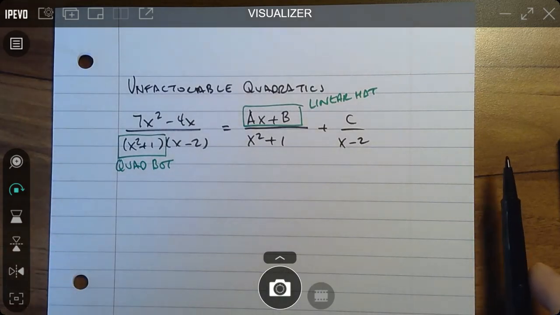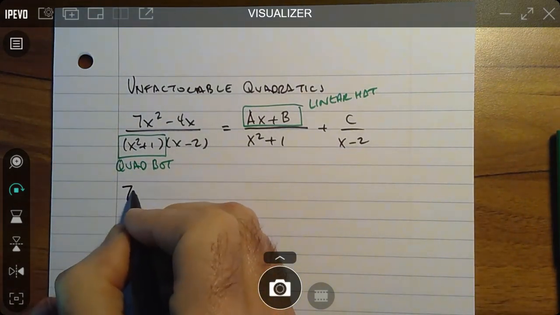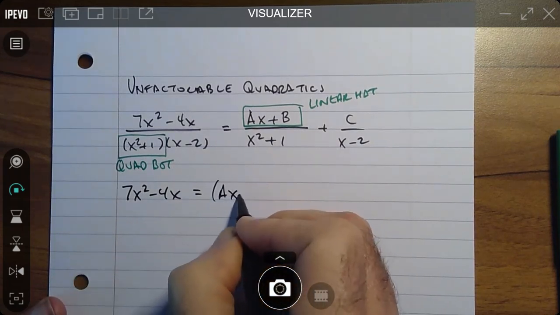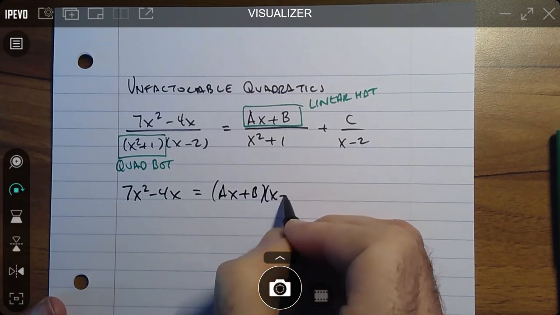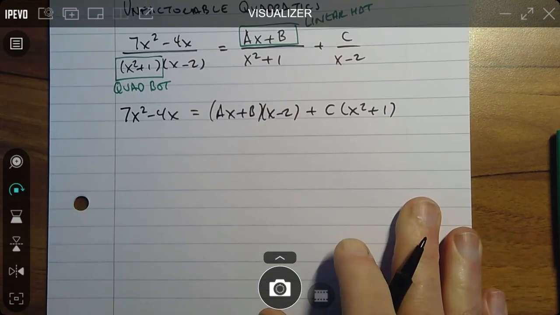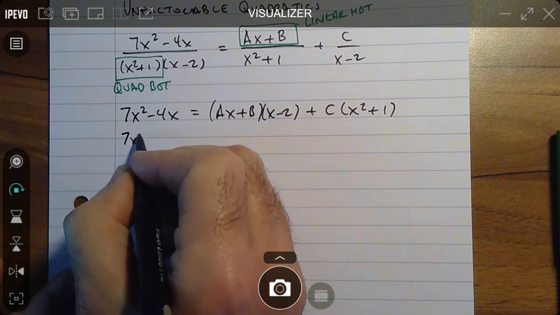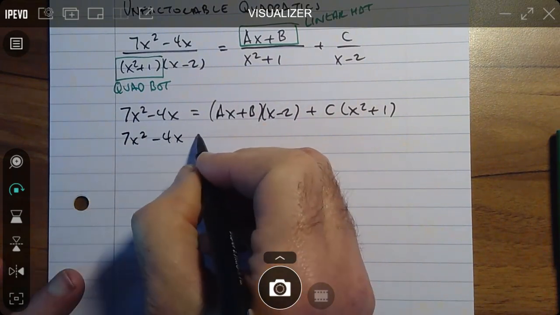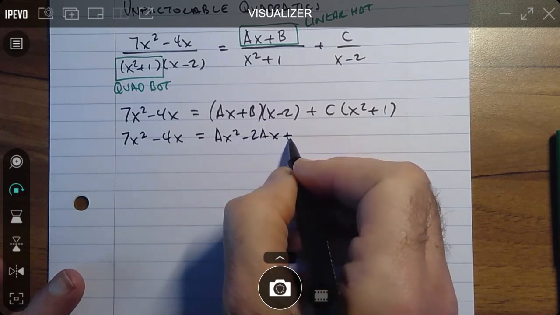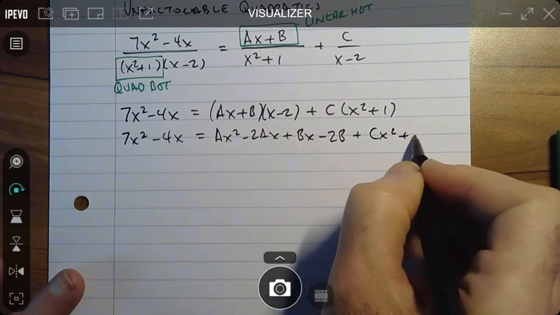And so then to work this out, we're going to multiply through by the bottom. And so we've got 7x squared minus 4x equals ax plus b against the x minus 2, c against the x squared plus 1. So we're going to work our way to a 3 by 3 system with the a, the b, the c. So we get ax squared minus 2ax plus bx minus 2b plus cx squared plus c.